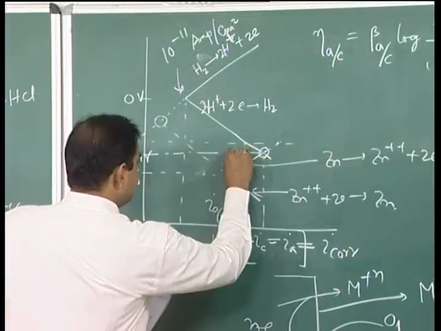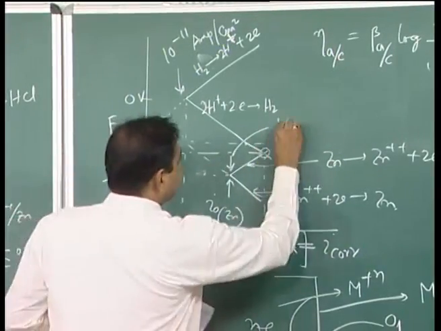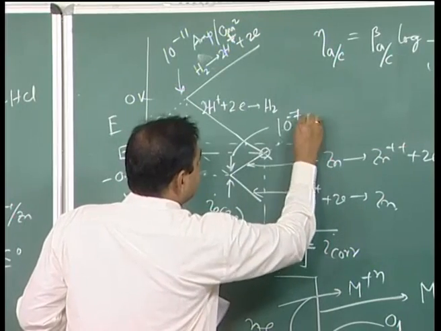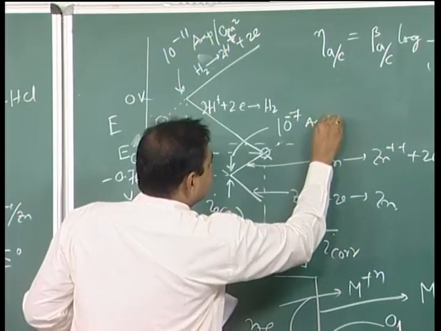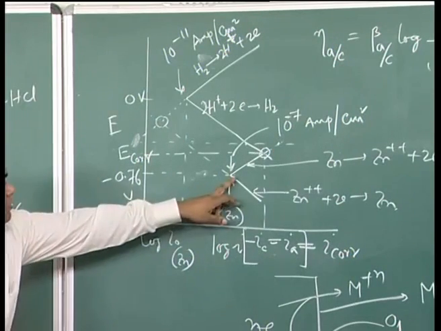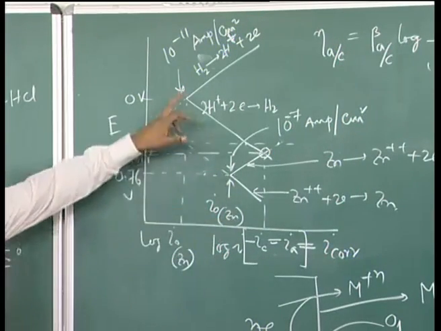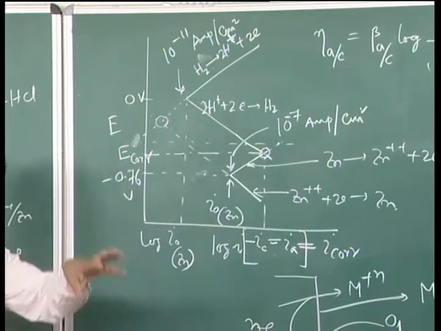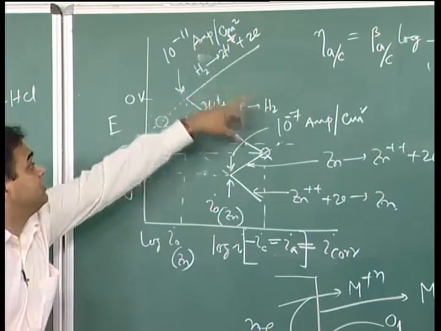This value, if you see the value, 10 to the power minus 7 ampere per centimeter square. So, I0 values for zinc, I0 values of hydrogen on zinc surface, these are the values. Okay.